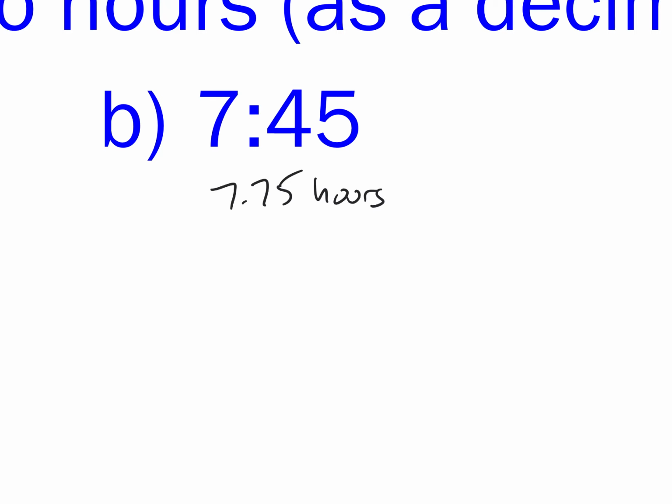And again, if you're not sure where the 0.75 comes from, divide 45 by 60 and you get 0.75, which is where that 0.75 comes from. If you're not sure, you can always take the number of minutes and divide it by 60. Okay? These are some of the calculations we're going to be doing inside of the time card.